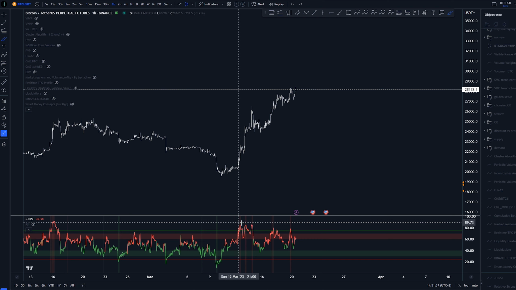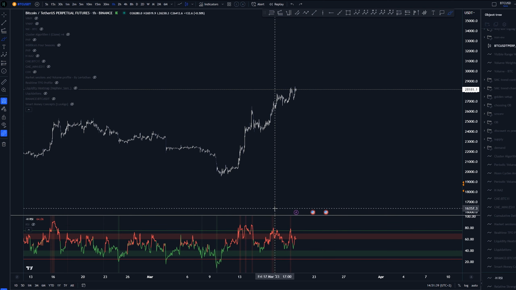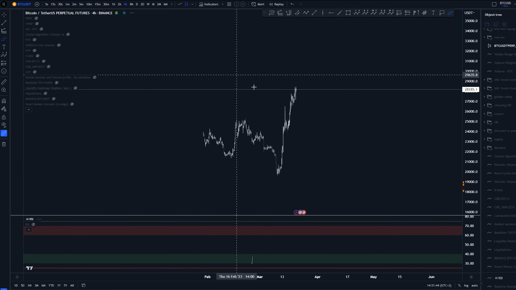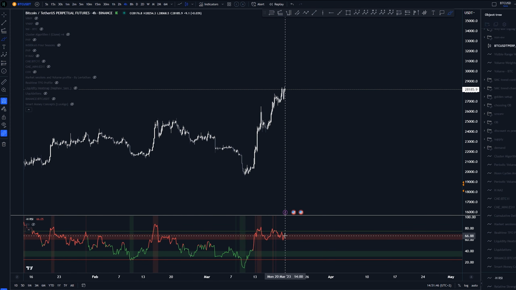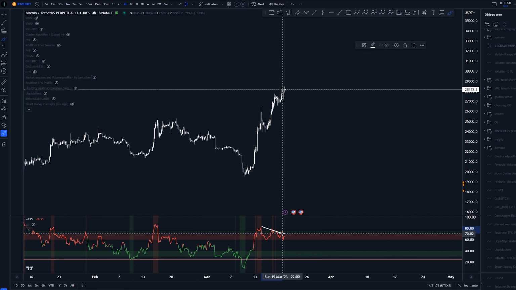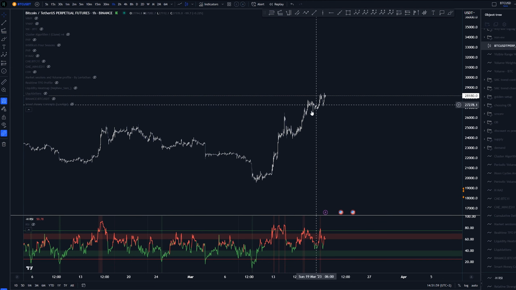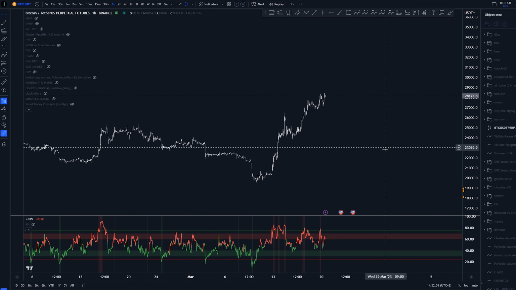This has divergence, so again everything is saying that we have a lack of momentum while we are still driving the price up higher. On 4 hour we have not printed another one of these backgrounds or stripes turning red, but we are still having those divergences on these lower time frames. So again, that is definitely a significant lack of momentum, at least there.